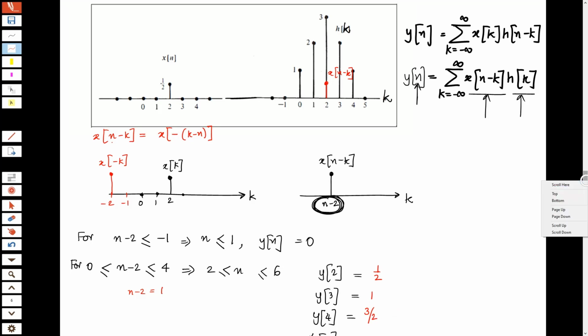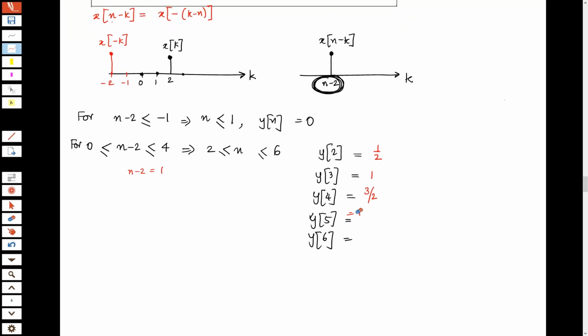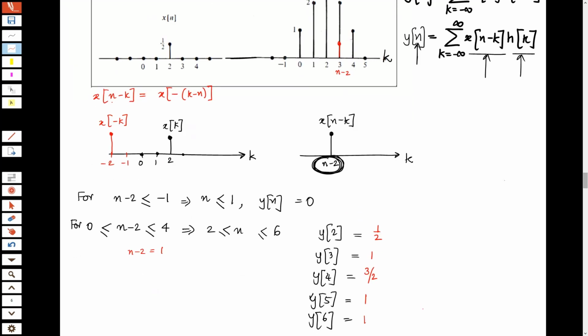And y5 is what you will get when this comes here. That means basically you're saying that this is n minus 2. So when you find a product, you again get a 1. And y6 would be half.